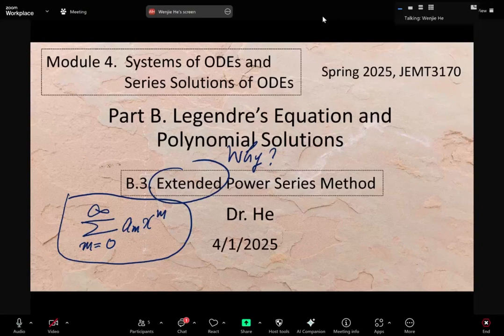Now let me help you understand. You may wonder why a power series representation is sometimes not enough. Very simple.